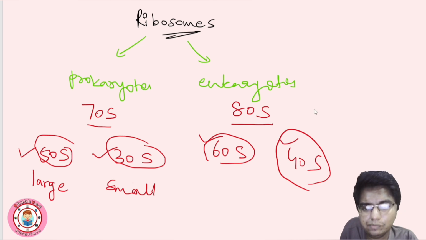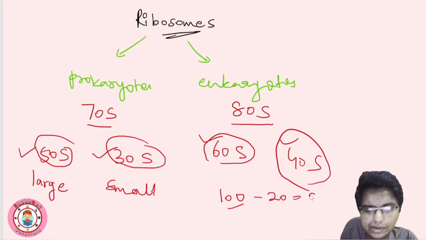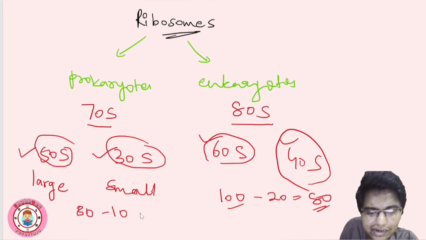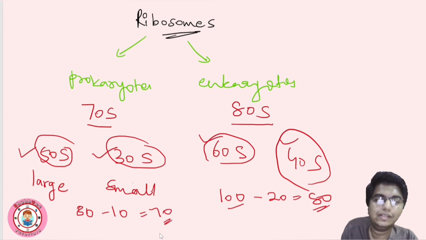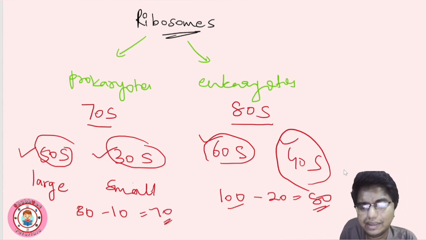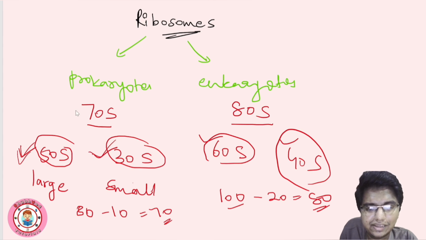One more thing we can do in eukaryotes: 6 plus 4 is 10. 60, 40 is 100. 100 minus 20 is 80. Okay, here what value comes? 80 minus 10 is equal to 70. Okay, but here what we can do, either we can just revise 50-30 in prokaryotes and 60-40 in eukaryotes, right?